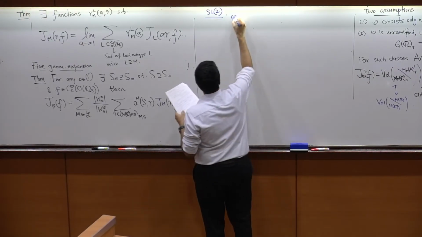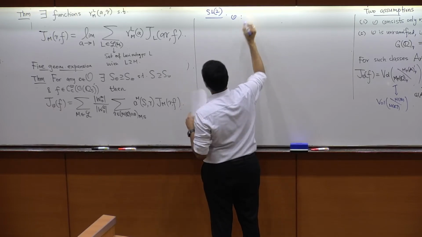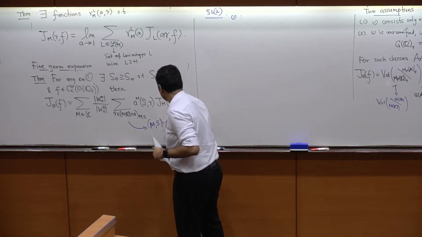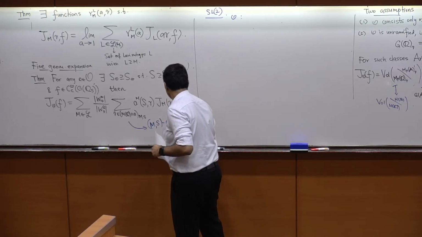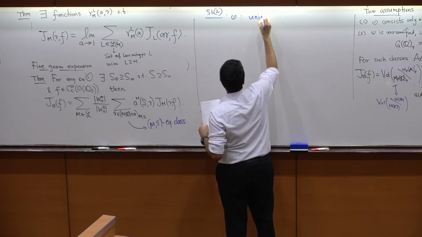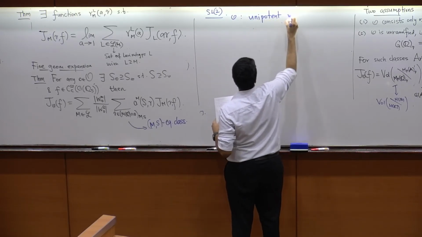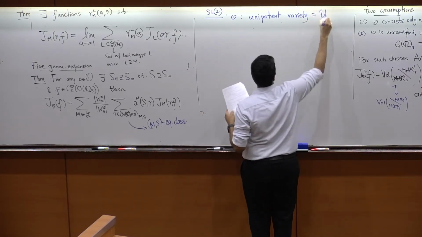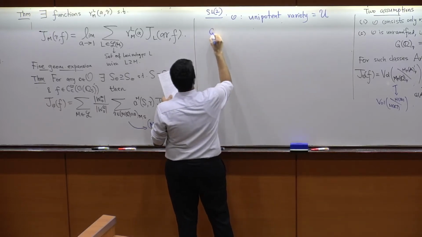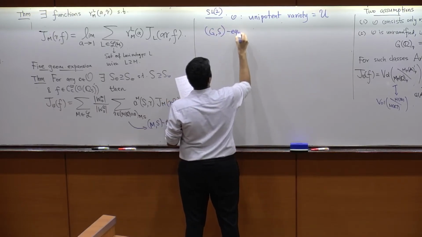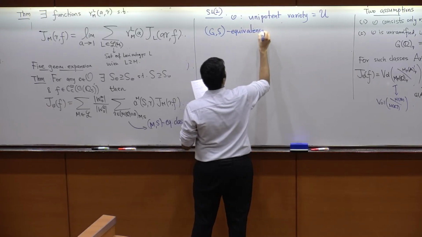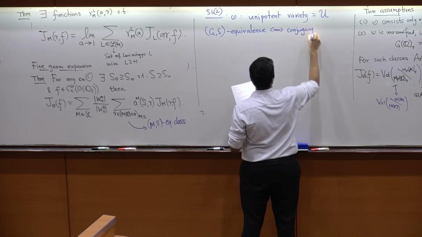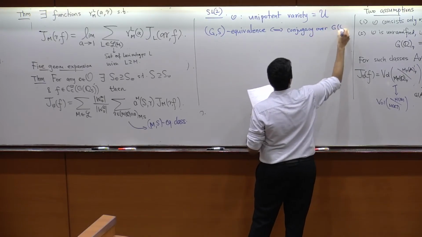So this is the MS equivalence class. In the first case, if O is the unipotent variety, which means the identity belongs to O, so you denote it by U also, then the MS equivalence class just means conjugacy over G(Q_S).